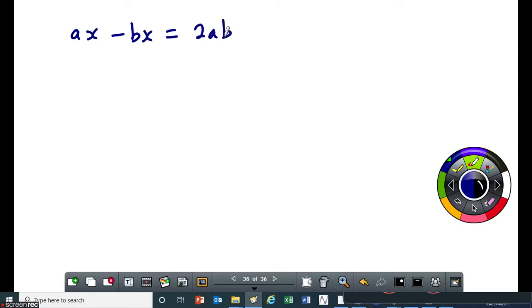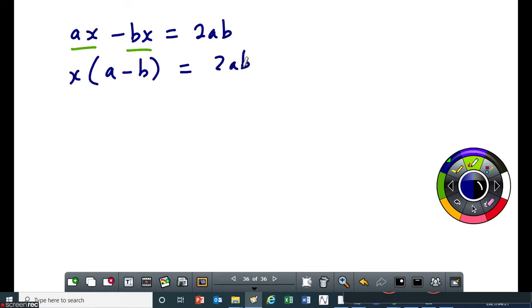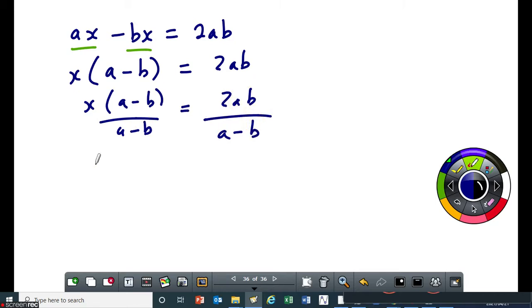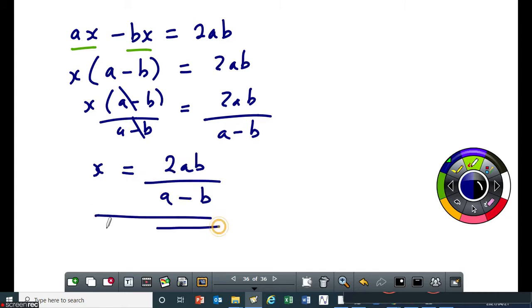Okay, I'm almost done. As you can see on the left hand side here, I have two terms that have got x. So I have to factorize. I'll factor out x, then I'll get x times a minus b equal to 2ab. Then I have to divide both sides by a minus b. So my final answer: these two will cancel, so x is equal to 2ab over a minus b. So that will be the final answer.